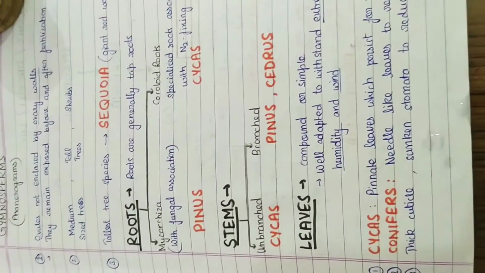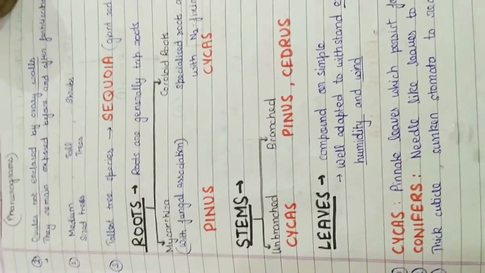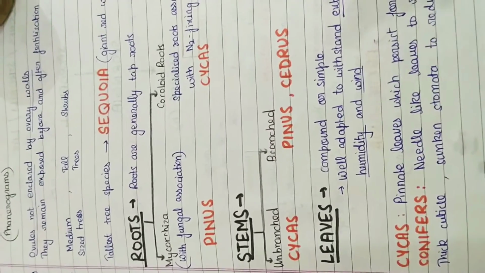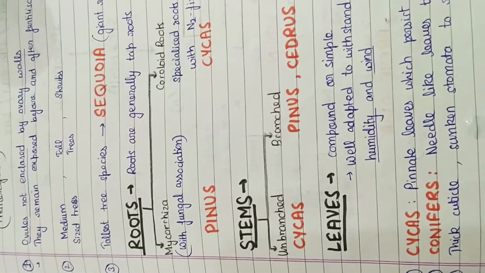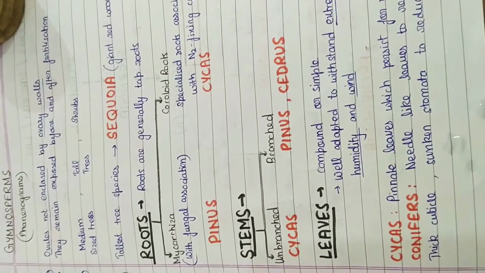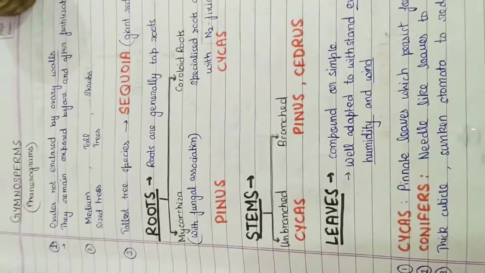Now coming to the three parts that I've divided the first paragraph into, the first is the roots. We all know that gymnosperms generally possess tap roots. There are two kinds of associations that the roots of gymnosperms possess. Number one is mycorrhiza and secondly is coralloid roots.